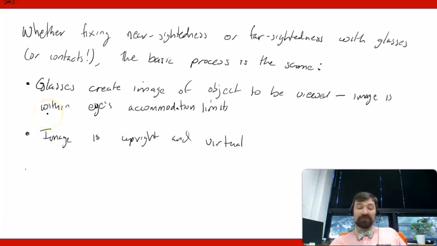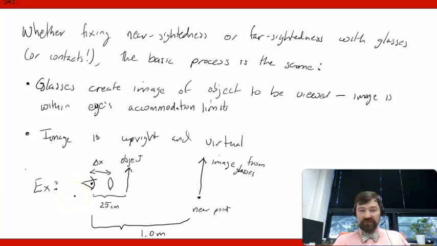Now note that by making the image be a meter away from your eye, it's not saying that it's a meter away from the glasses. There's a distance between the glasses and the eye that also has to be accounted for. With contact lenses, that distance is pretty well negligible. So here's a conceptual drawing of that to correct for somebody who is farsighted.